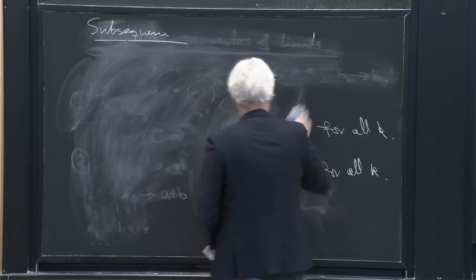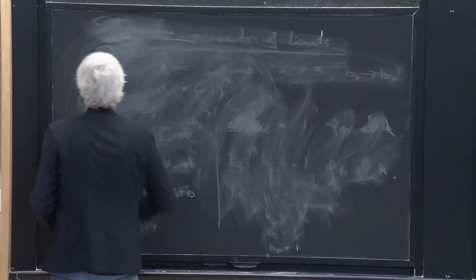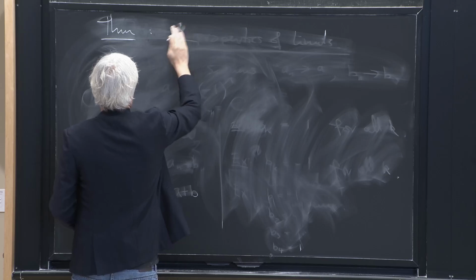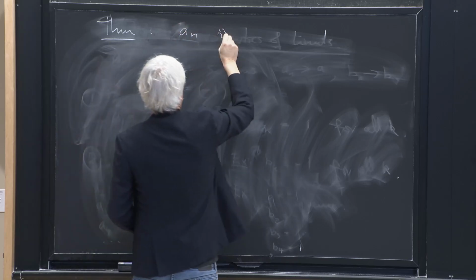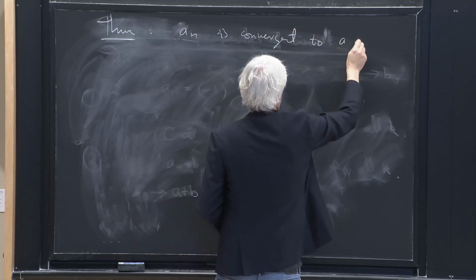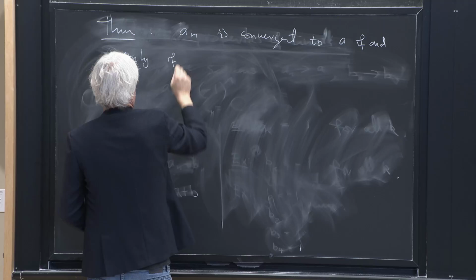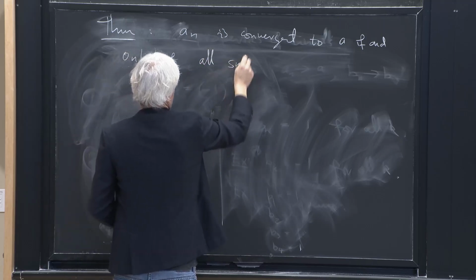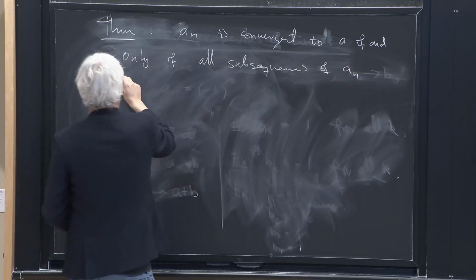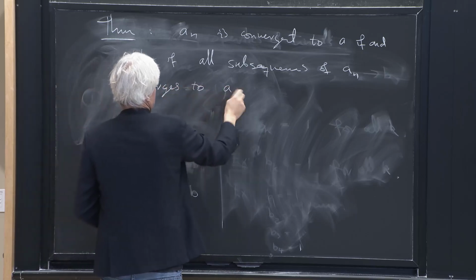And that is that if you take a sequence, it's a theorem, that a sequence an is convergent to A if and only if all subsequences of an converge to A.